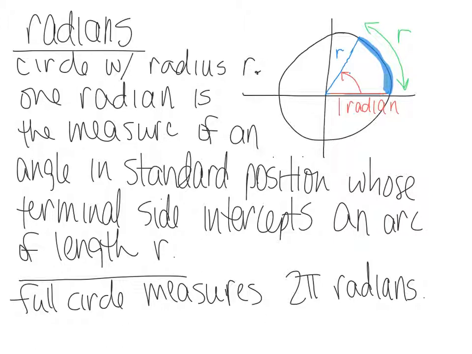So that means I've got 1 radian, which is the measure of an angle of a circle with radius r, where this angle intercepts an arc with the measure of r. Okay, so the distance here is equal to the distance here. That's important. The other thing that's important is right here. A full circle measures 2 pi radians.